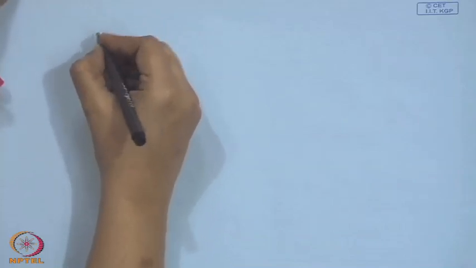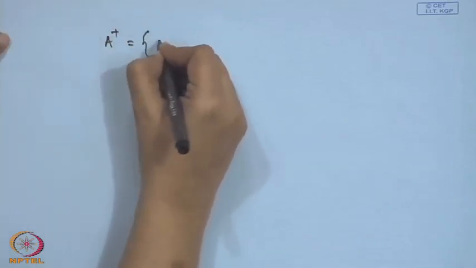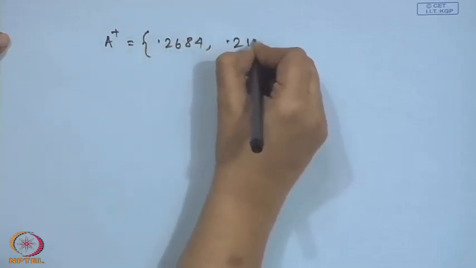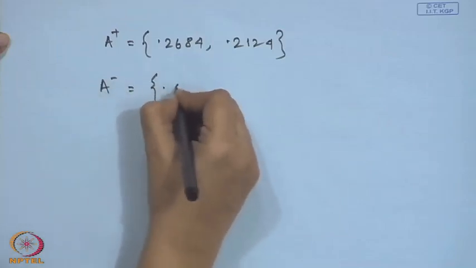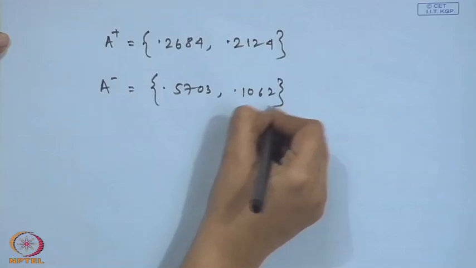We can apply this methodology to the given problem, and we will see the solution: the ideal solution will come as 2 1 2 4, and the anti-ideal will come as 1.